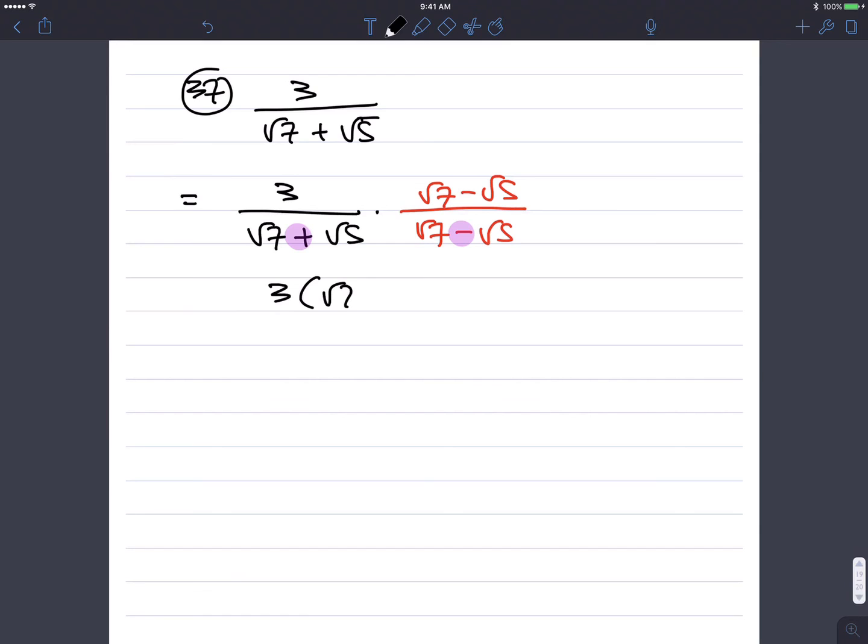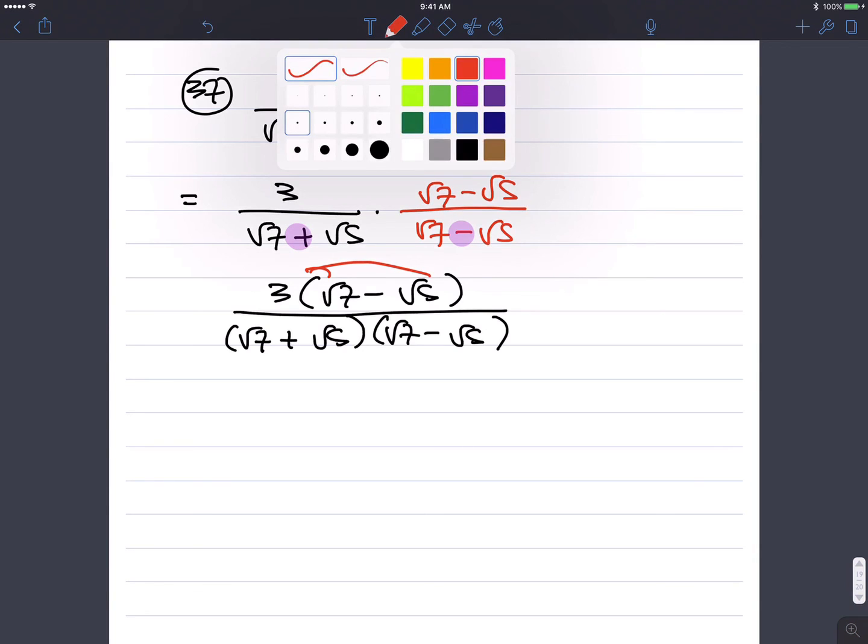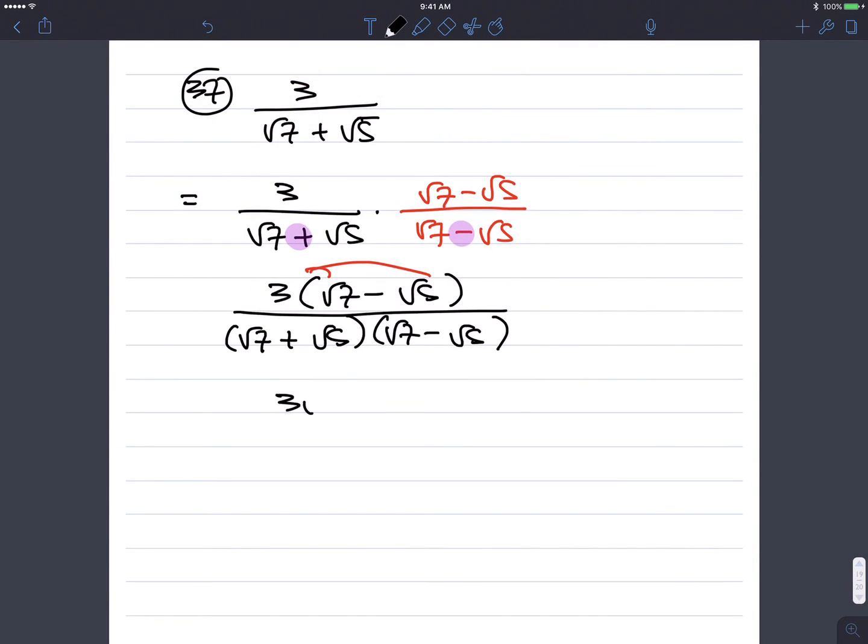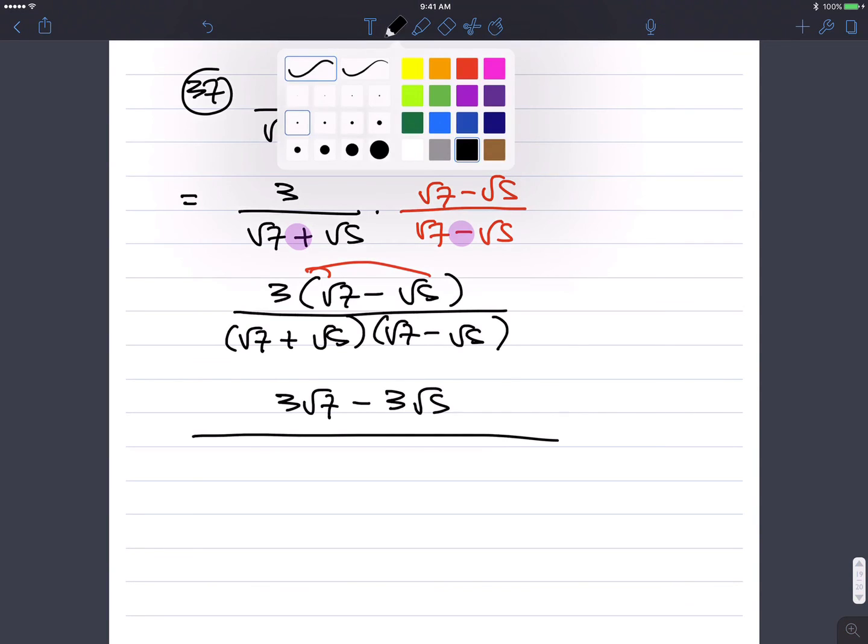Three times the square root of 7 minus the square root of 5 over the square root of 7 plus the square root of 5 times the square root of 7 minus the square root of 5. Distribute in the numerator. 3 times the square root of 7 minus 3 times the square root of 5 over the denominator.